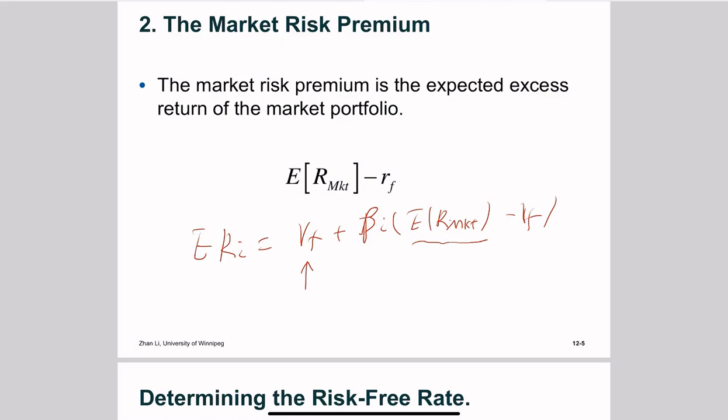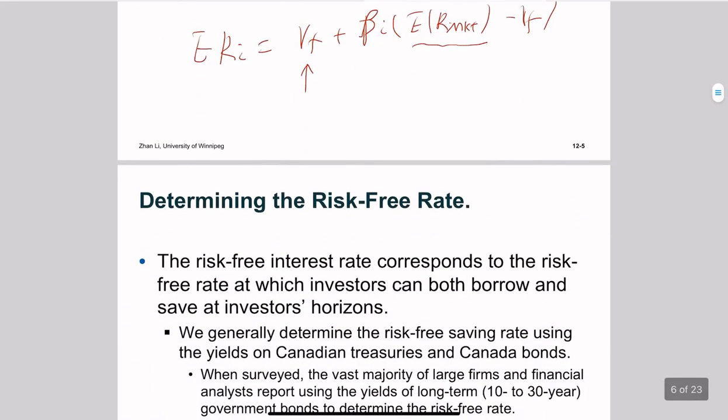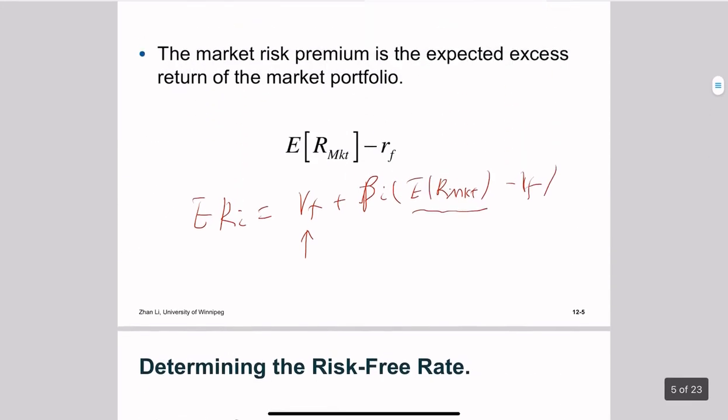So let's answer these questions. We want to start from the market risk premium. To figure out the market risk premium, we need to do two things. We need to find out the risk-free rate, and we need to find out how to calculate expected returns.